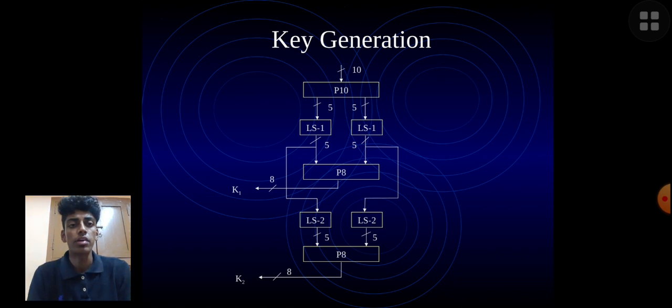That 5-bit result we choose as the input to P8, and we get the output of P8. Next we find LS2. The LS1 5 bits are input to LS2, and again we have 10 bits. The 10 bits are input to P8, and finally we get K2.